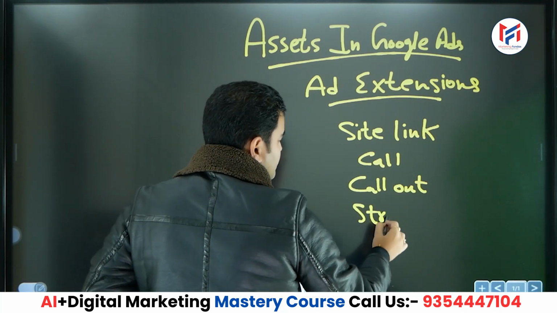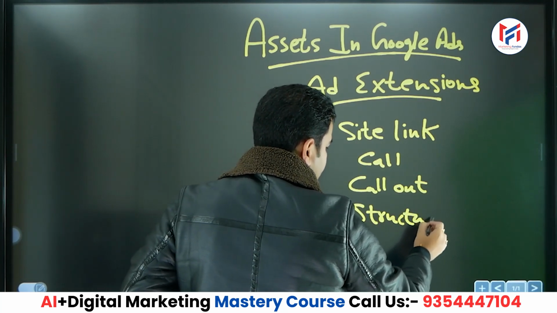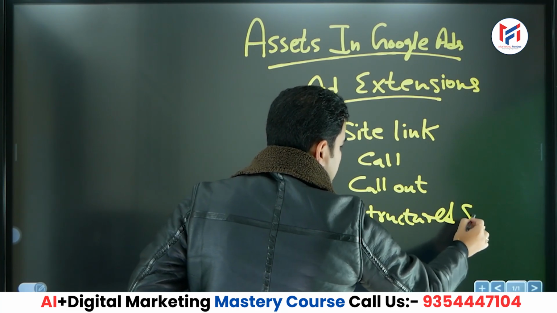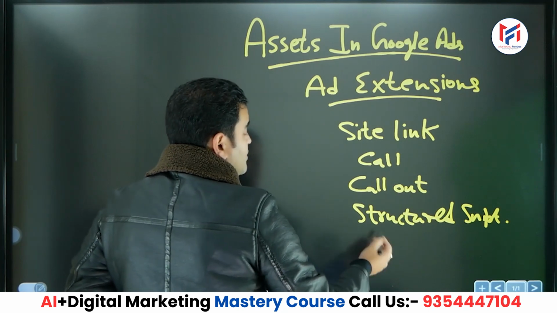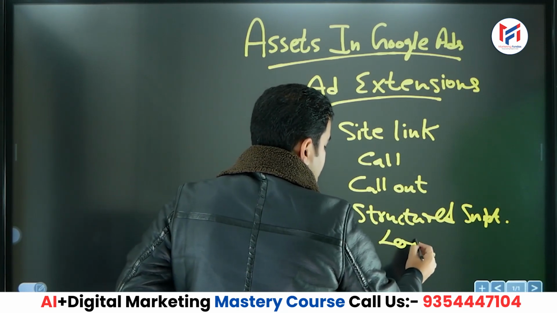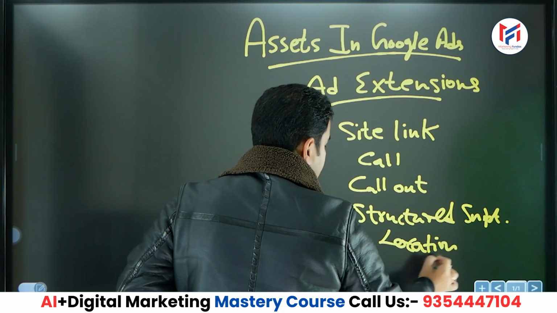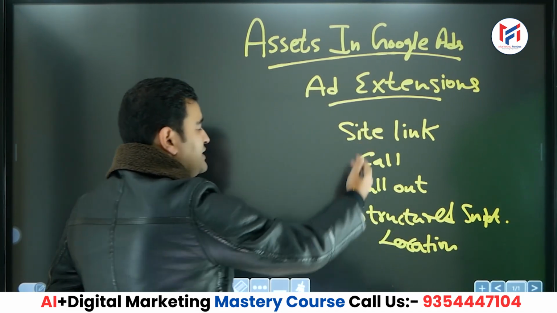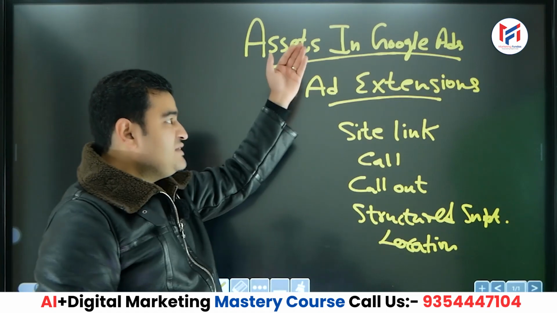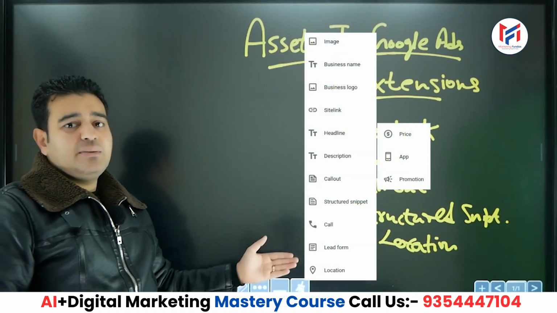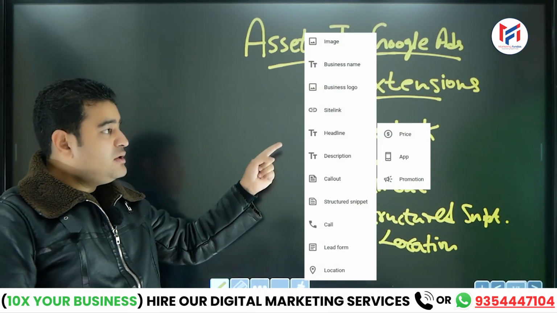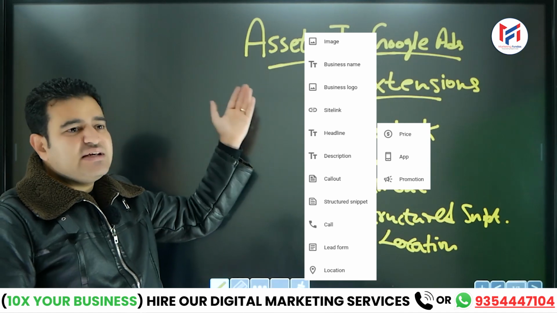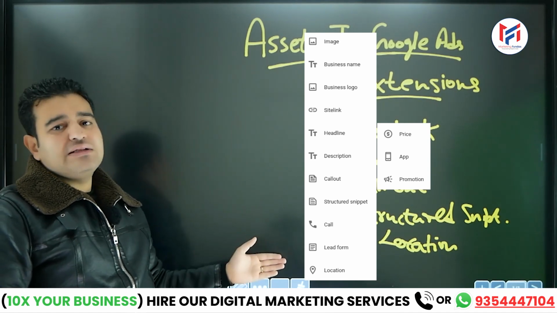Then after that, we will write down structured snippet. And after that, the next point, which is location. In this way, there are various types of extensions, such as the ones you can see on the screen that I am showing you on the display. These are all the ad extensions. They are assets.